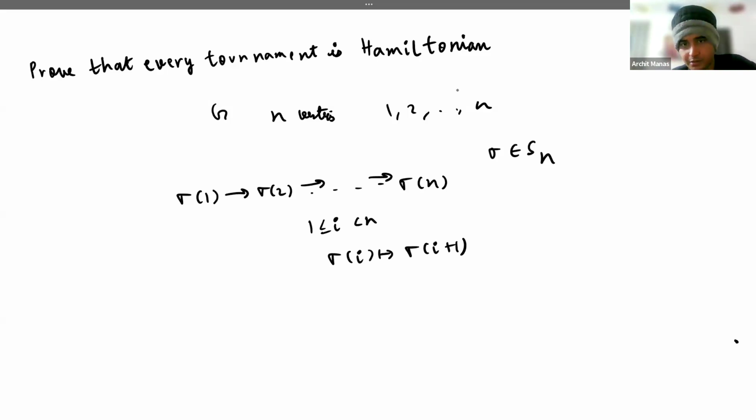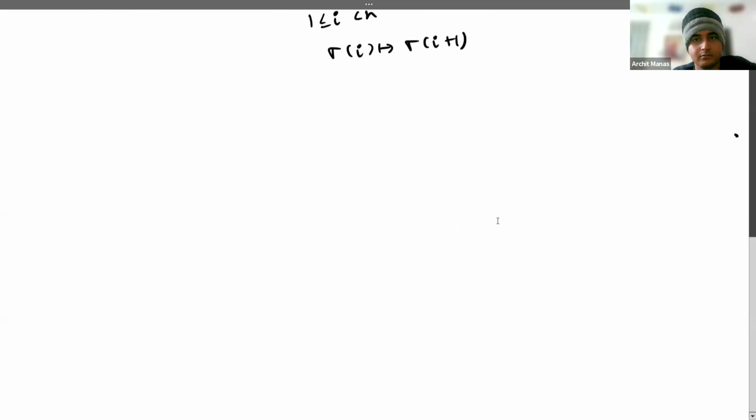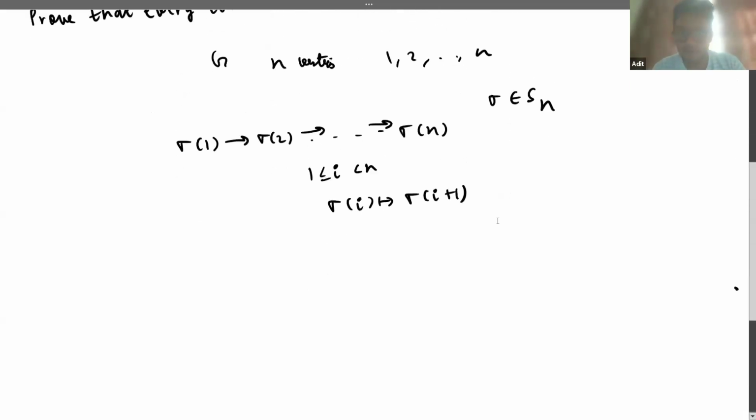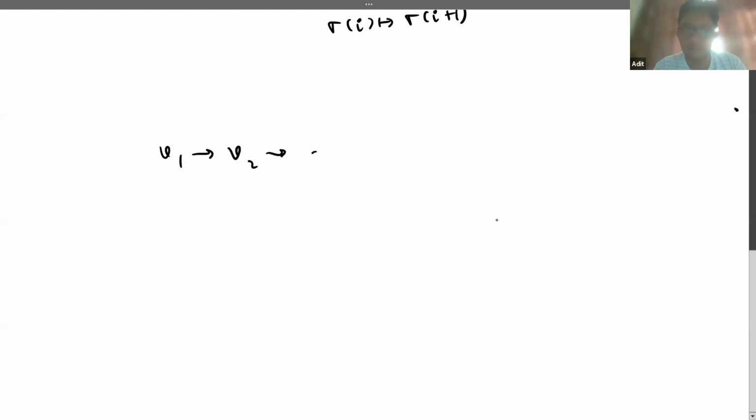Have any of you seen this before? Yes. Okay. So does anyone have any ideas on how we can prove this? I remember the solution, so I can say it. Sure, go ahead. So the idea is that we induct on the number of vertices in the tournament. The base case is obvious. So let's just assume that we have it till some n minus 1 vertices. So we draw the Hamiltonian path in the n minus 1 vertices, and we consider the last vertex.